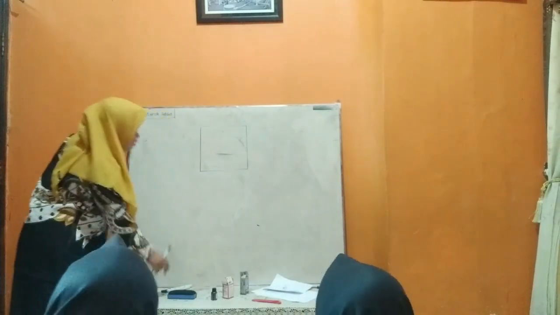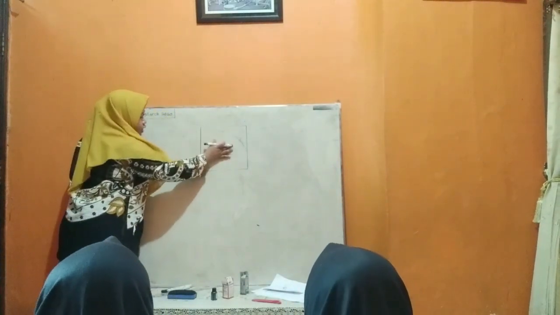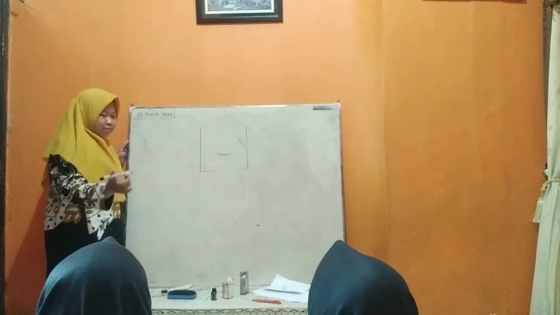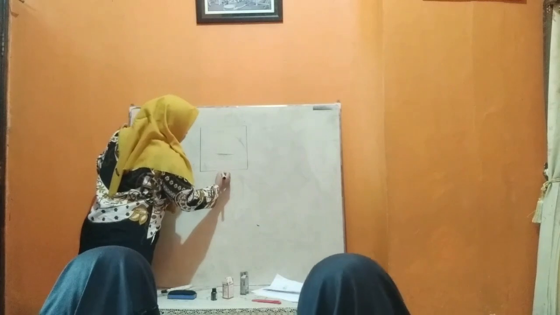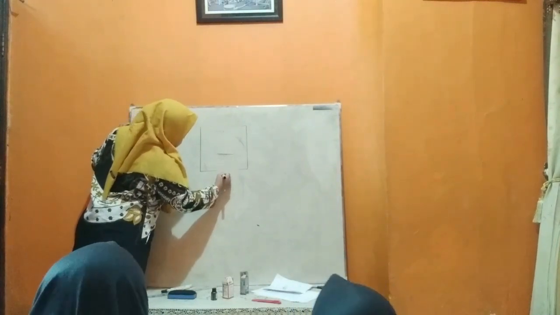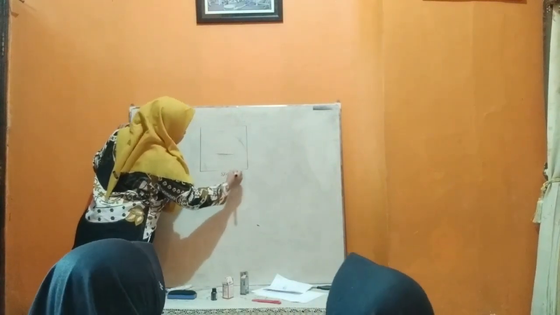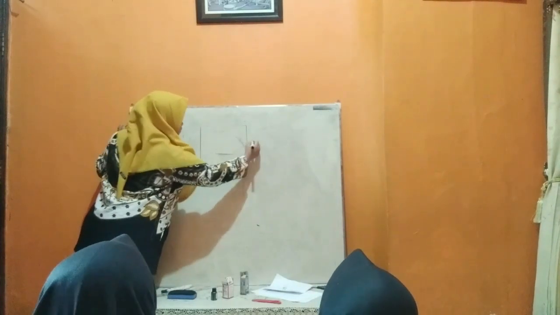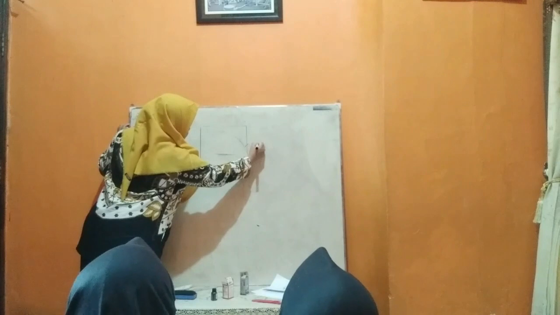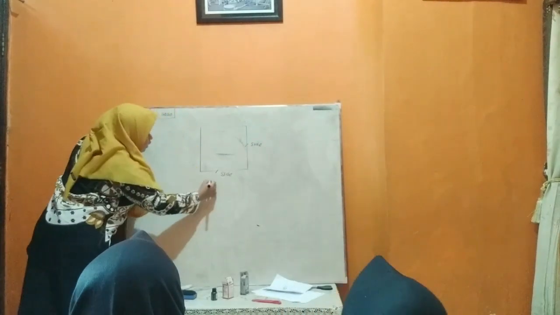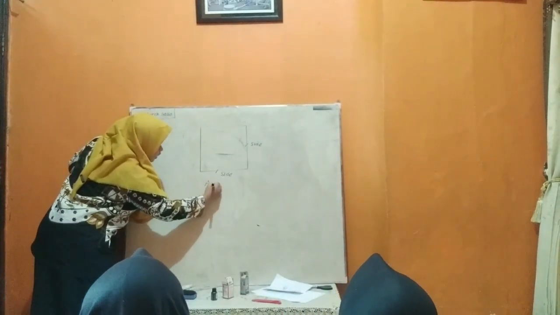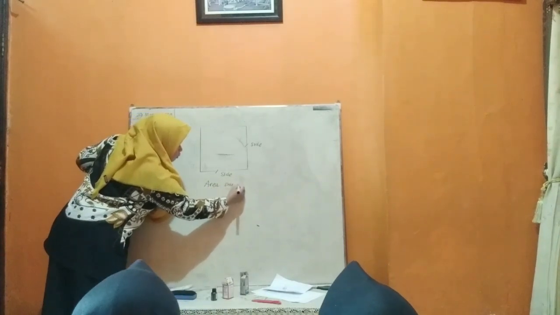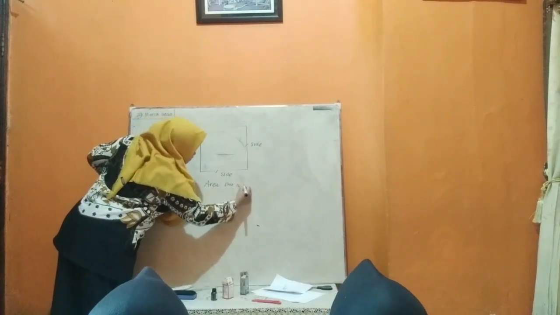Yes, this is a square. The area is side by side. This is a side and this is a side. The length is equal. The area is side multiplied by side.